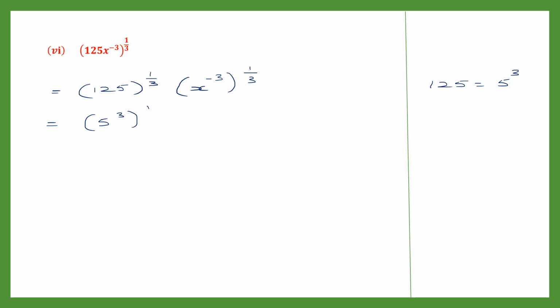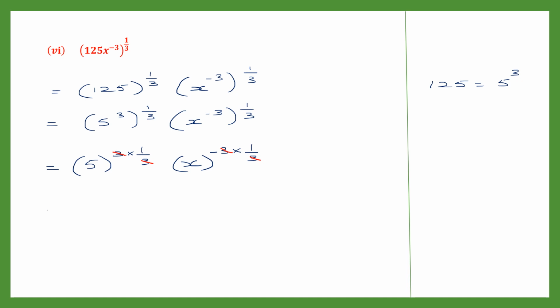Now this is raised to 1 by 3. And here we already have x to the power of minus 3, which is raised to the power of 1 by 3. Now we can use the power law and multiply 5 raised to the power of 3 into 1 by 3. So this is done. Now here we can say the same thing: x is raised to the power of minus 3 into 1 by 3. So here we can start cancelling. We can cancel this 3 and this 3 and this 3 and this 3.